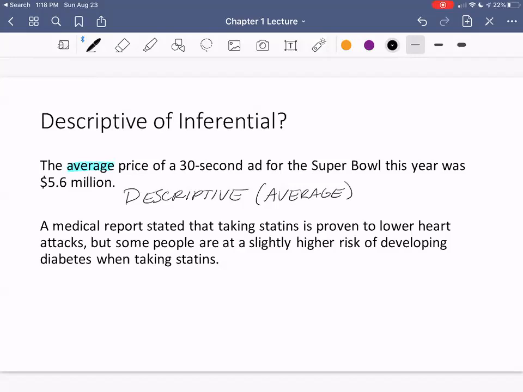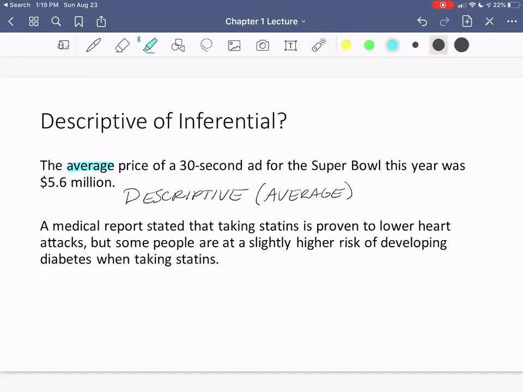The next one says a medical report stated that taking statins is proven to lower heart attacks, but some people are at a slightly higher risk of developing diabetes when taking statins. So you have to look at this and ask, is this using descriptive data where we have hard evidence, or are we using these as predictions? In this case, there is no hard evidence that we're just basing our facts on.